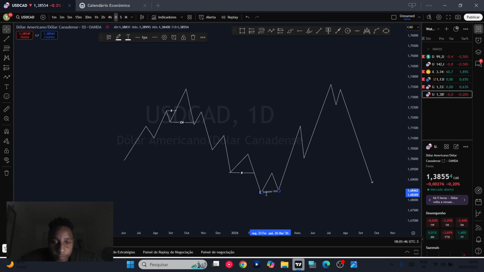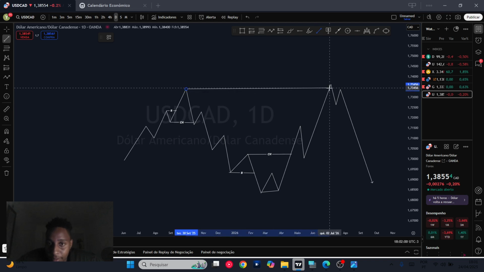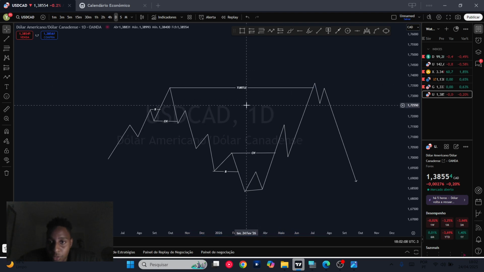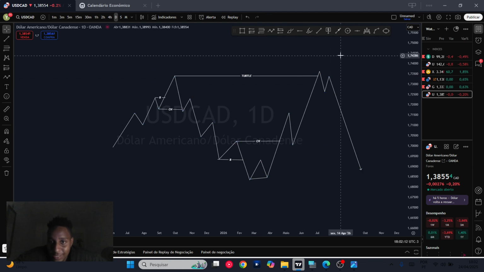And then price created a choch right here and started showing bullish position again. And when it goes to the last high, price creates a turtle soup. This liquidity sweep takes the high and then starts coming down.